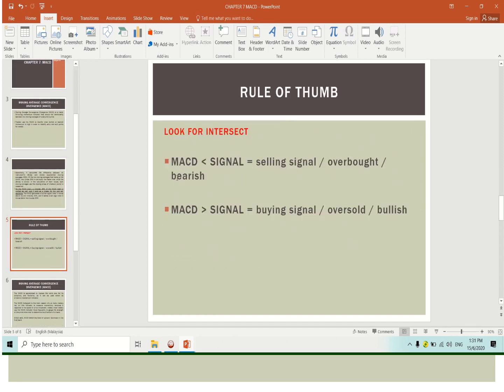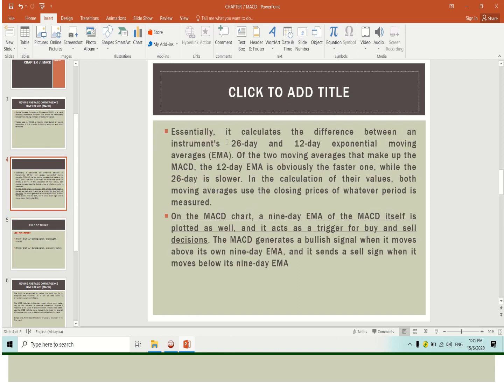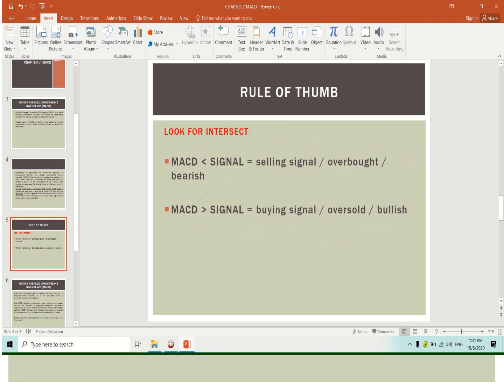So this is the rule of thumb. The MACD line is the MACD of 26 and 12 days, the difference between 26 and 12. The signal line is the 9-day MA.